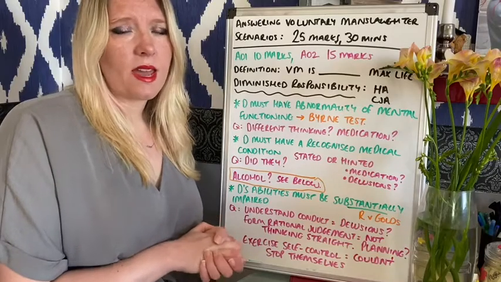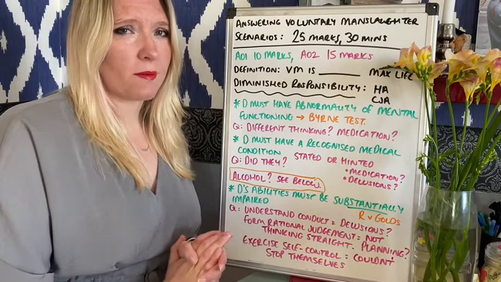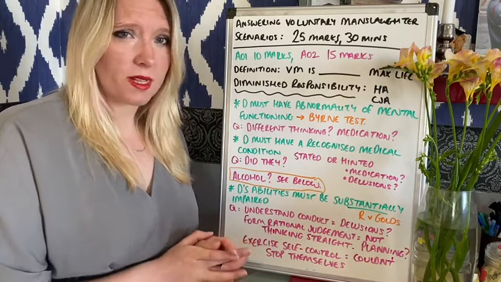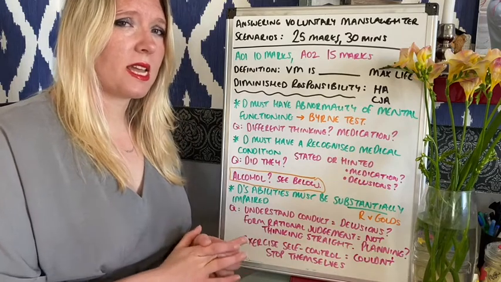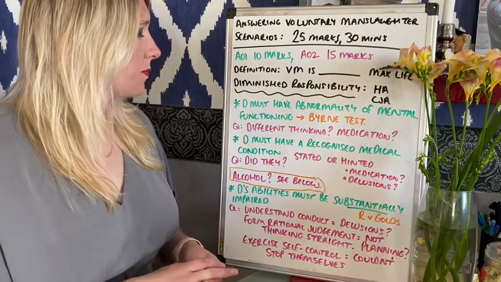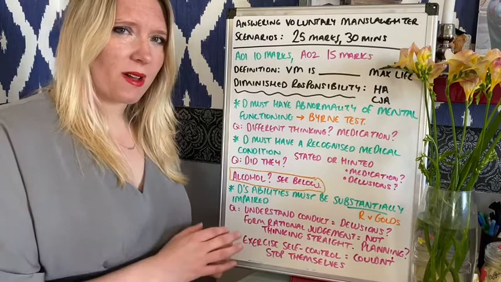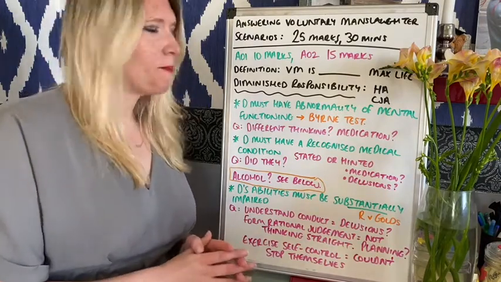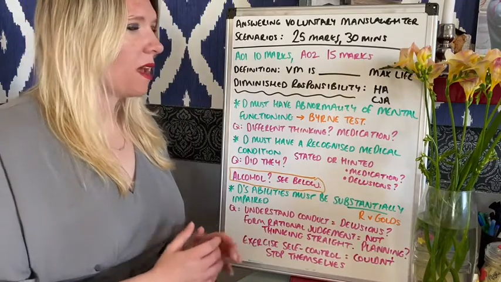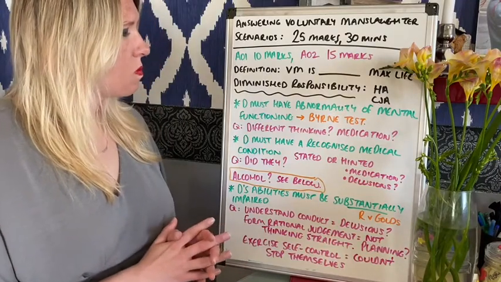Let's assume here that the question is not about murder, it's just about voluntary manslaughter. And it's about the two different types, diminished responsibility and loss of control. So how would we go through and answer such a question? What I've done here is I've tried to thread the AO1 and the AO2 together.